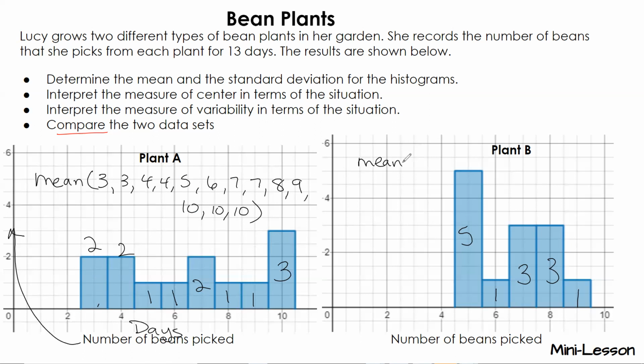On the next one, we would find the mean on this one, and this would be 5 5s. Because what we're trying to find is the mean number of days in beans. Yeah, this is just poorly written. That's okay.